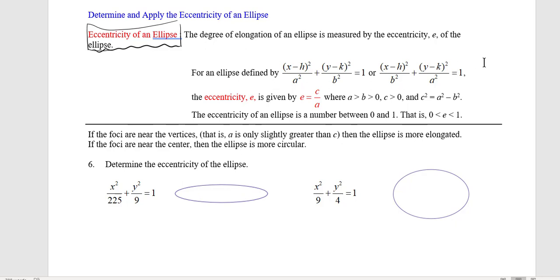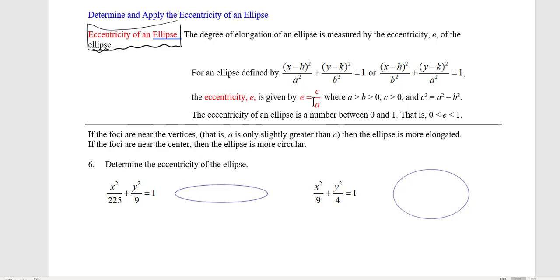So if we have an ellipse defined by these equations we've seen already, we say the eccentricity E is given by the distance from the center to a focus divided by the distance from the center to a vertex. And in these formulas, A and B are positive, C is positive, and we have that nice formula to remember, C squared equals A squared minus B squared.